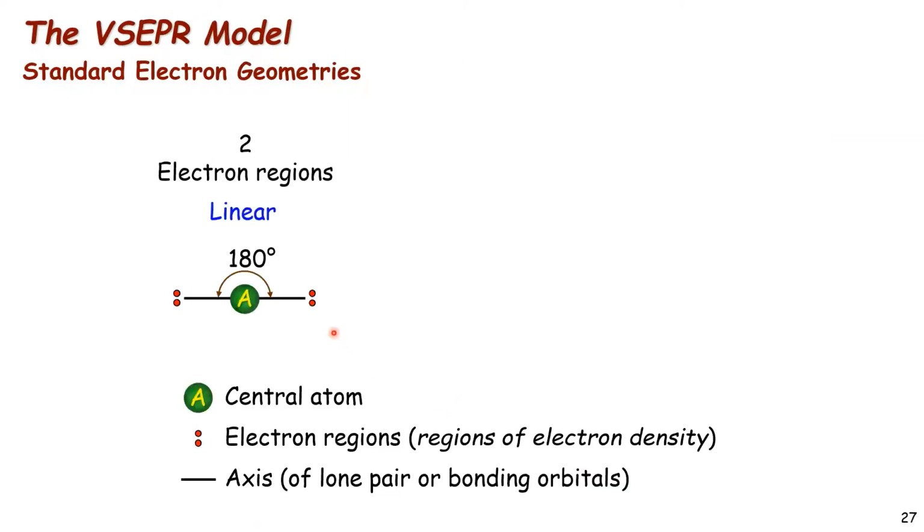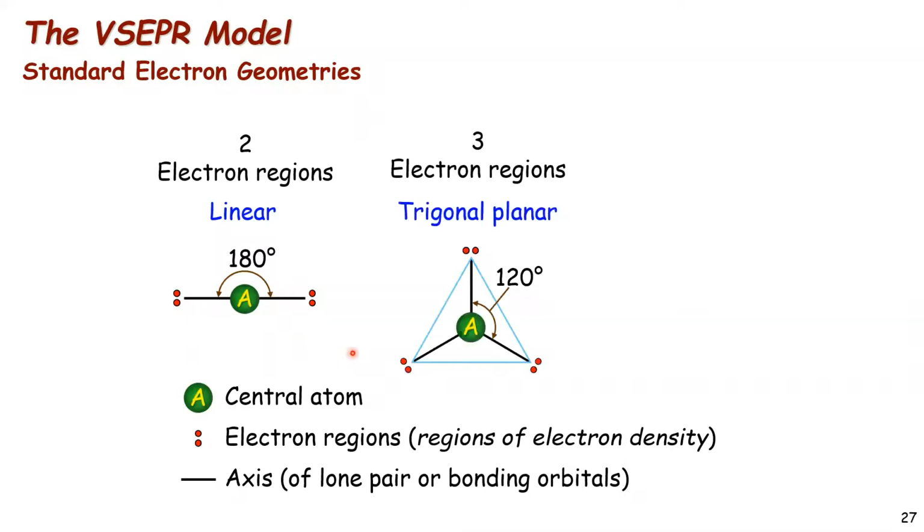If we have two regions of electron density, that's got to be linear, right? They're as far apart as they possibly can be, so the ideal bond angle will be 180 degrees. If we have three regions of electron density, they're going to sit in a flat plane, 120 degrees apart from one another. Again, this is the trigonal planar structure. These are what we're going to call our standard electron geometries.